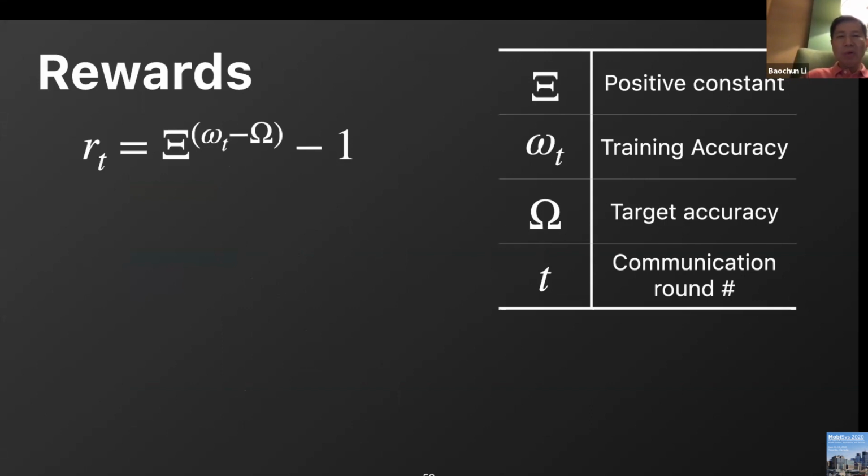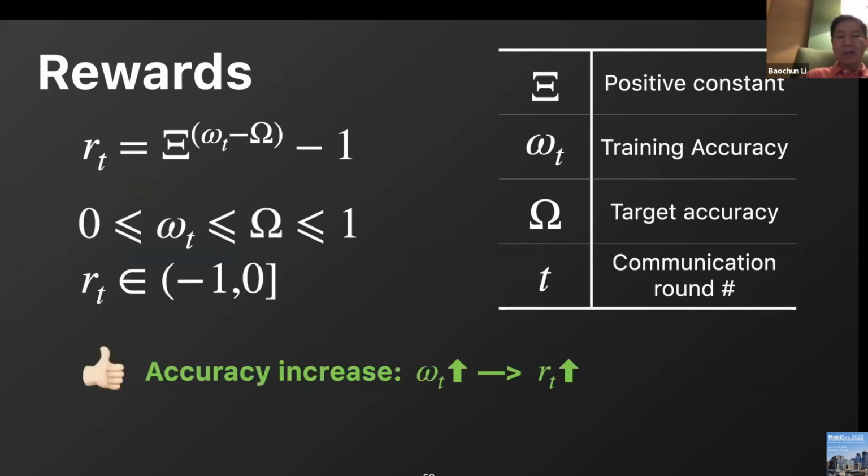In terms of the reward function, we want to have a very simple reward function, so that it is going to increase when the training accuracy increases as it approaches the target accuracy.